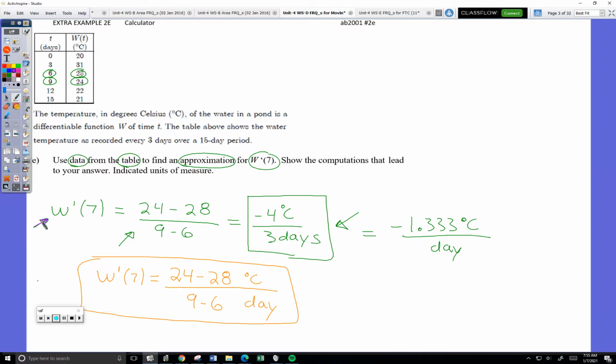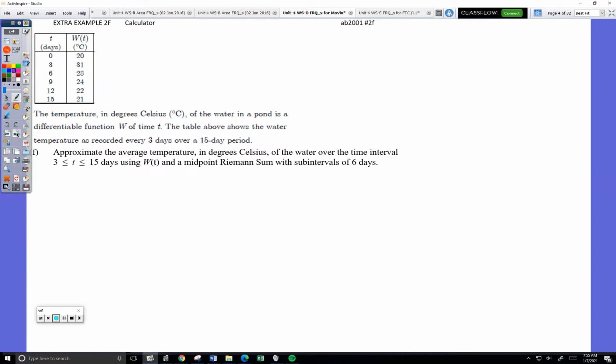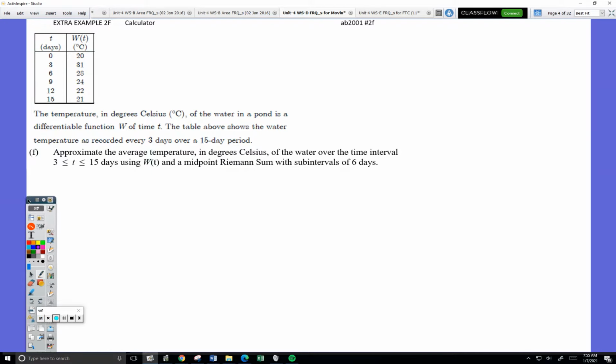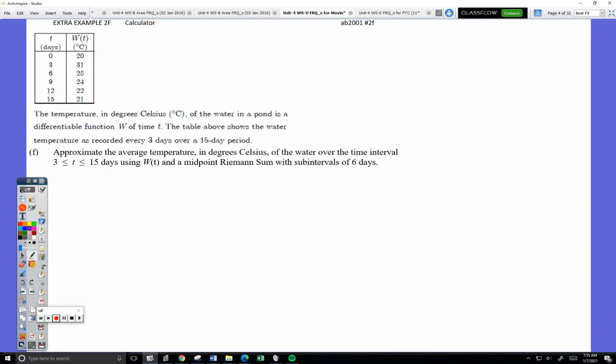Okay, next thing. Go to the next extra example, which is 2F. This one also is not new. It says approximate the average temperature in degrees Celsius of the water over the time interval using W of t and a midpoint Riemann sum. Key things to notice: they're asking us to find average temperature.